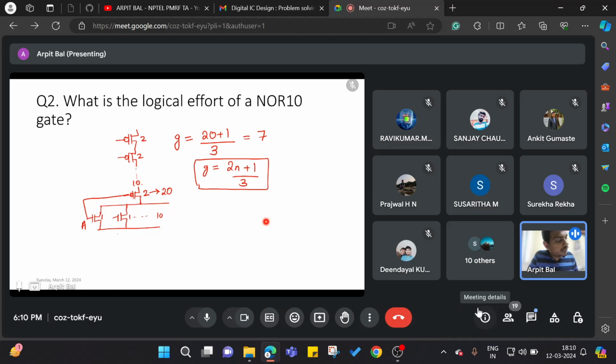This is only applicable for NOR, so do not get confused between which equation to be used in NOR and which to be used in NAND. If I substitute 10 here, it will be again the same thing, that is 7. Just to make the calculations quicker, you can use this formula.